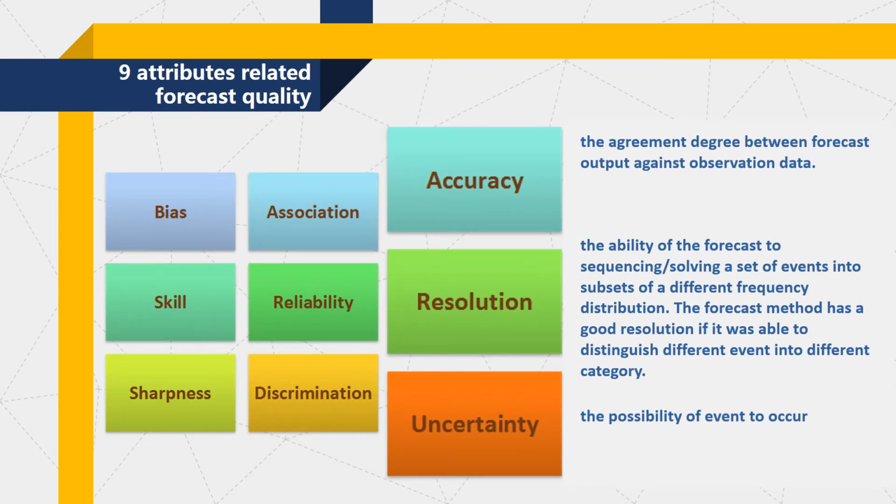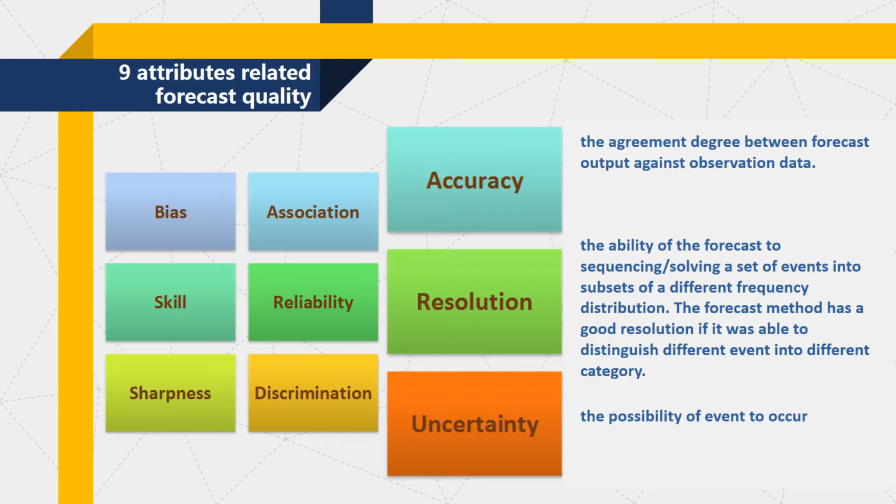Accuracy. The degree of agreement between forecast output and observation data. It is a little the same as reliability, and bias and skill are like parameters of verification, which we will discuss in the next slide.